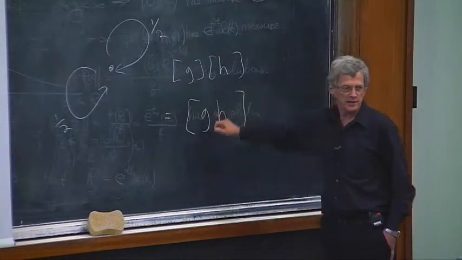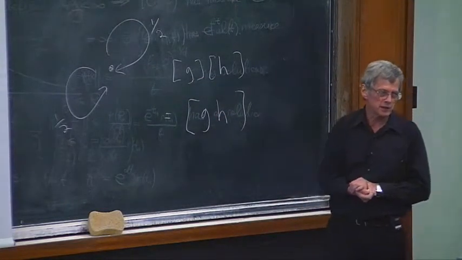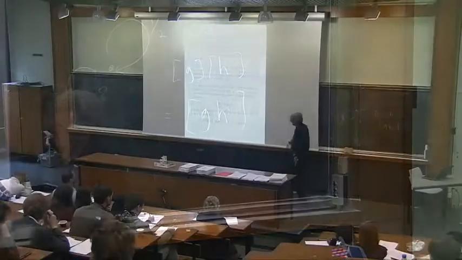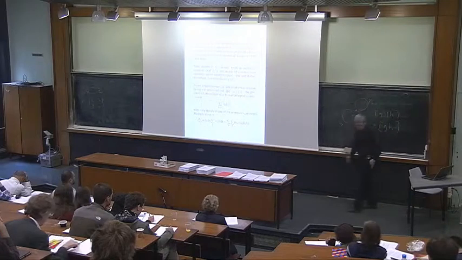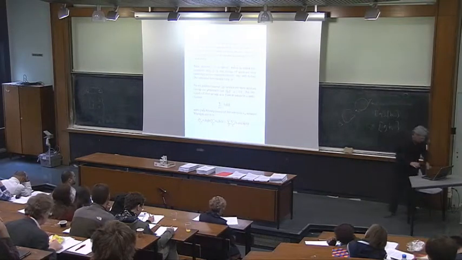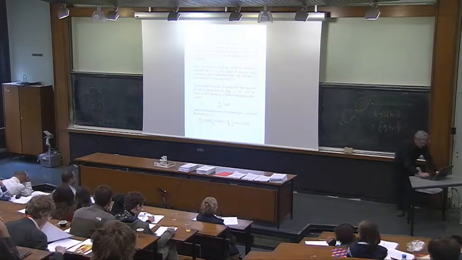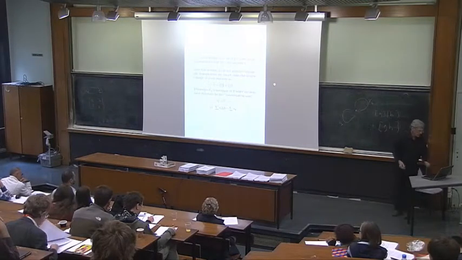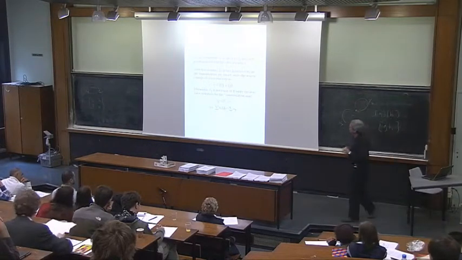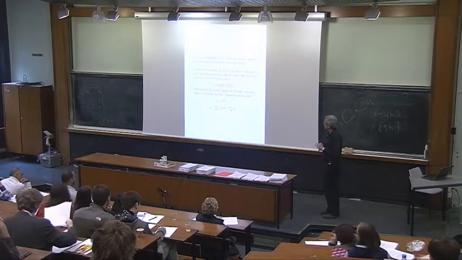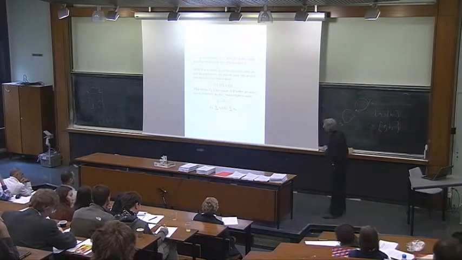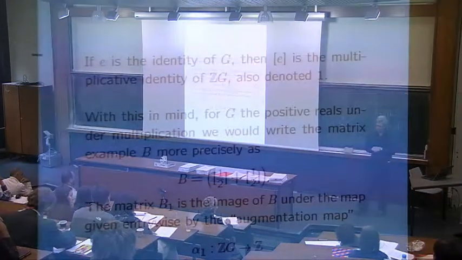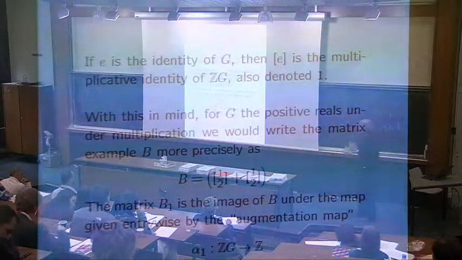Once we require this, the rest is forced by the distributive law, and I've written here what the distributive law tells you. That's quite natural. So if e is the identity in the group, then its generator is the multiplicative identity in the group ring, and we tend to write that as 1.